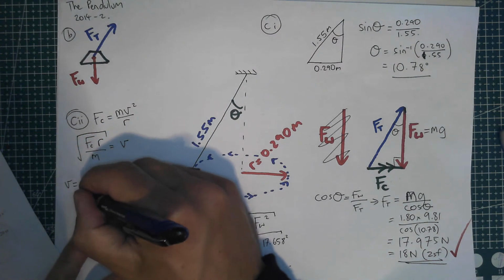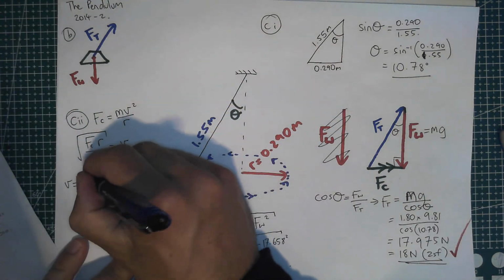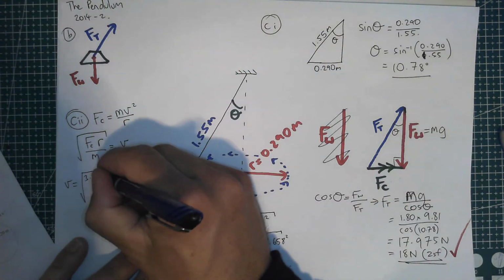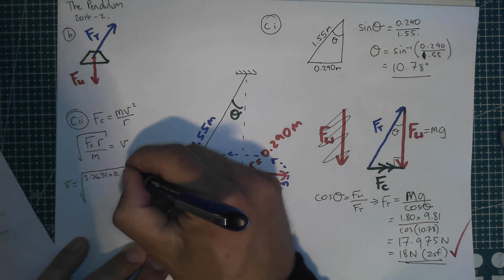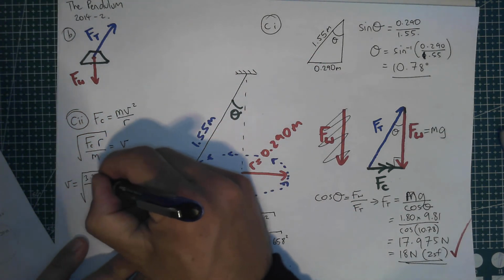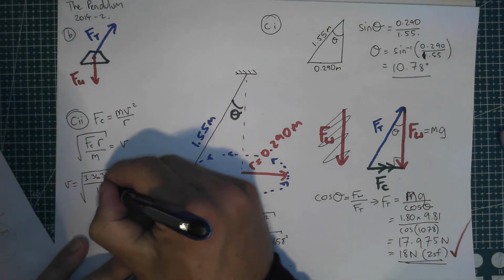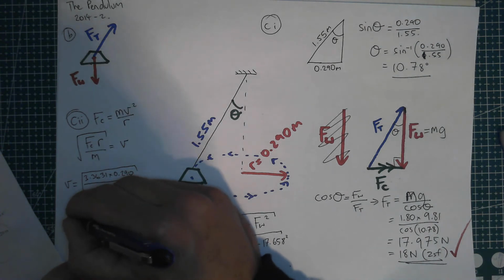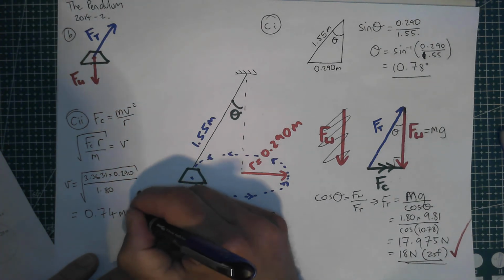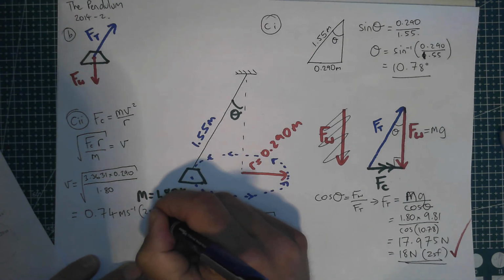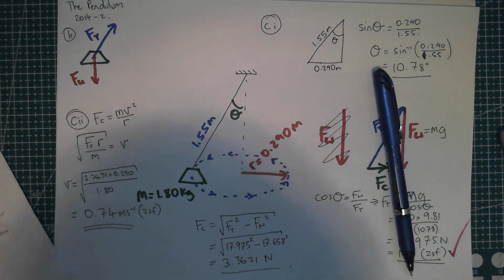So velocity equals the square root of 3.3631 times the radius 0.290 divided by the mass, which I wrote somewhere, there we go, 1.80, and then solve and you get a velocity of 0.74 meters per second to 2 significant figures. Okay, we've got one more question to go.